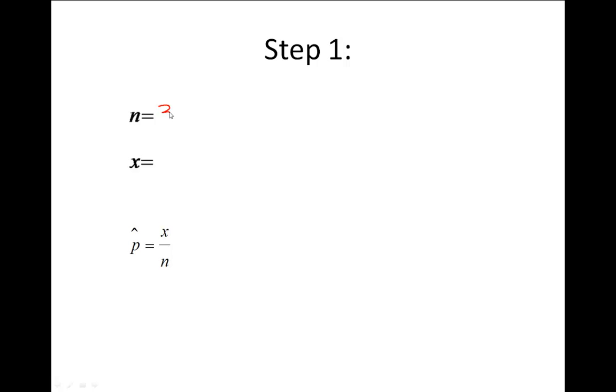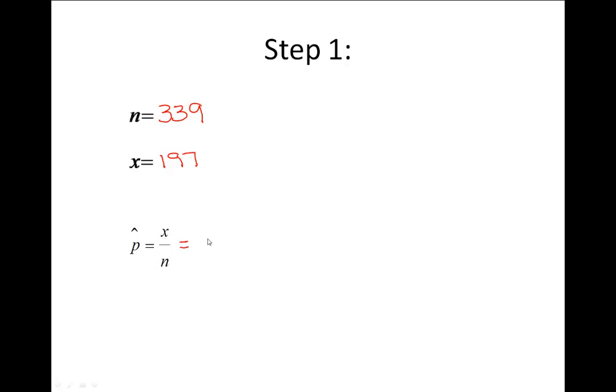So let's start with 339 for our sample, with X being 197 people who preferred Edward. Our p-hat is always given by X over N, the part divided by the whole.